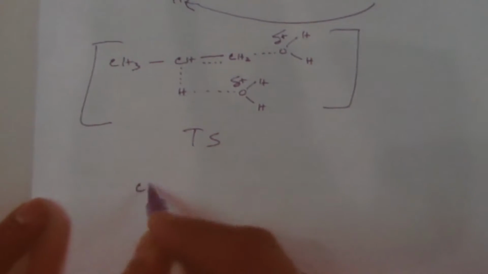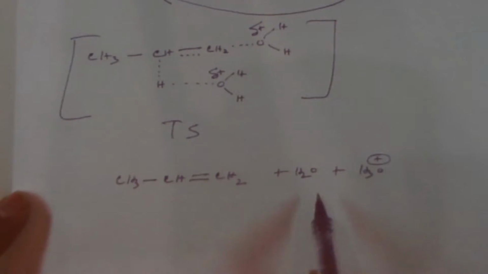So the final product, therefore, would be CH3, CH, double bond, CH2, and H3O plus. So this one is this one after the removal of the bond completely, you see a water molecule, and this is the final product.